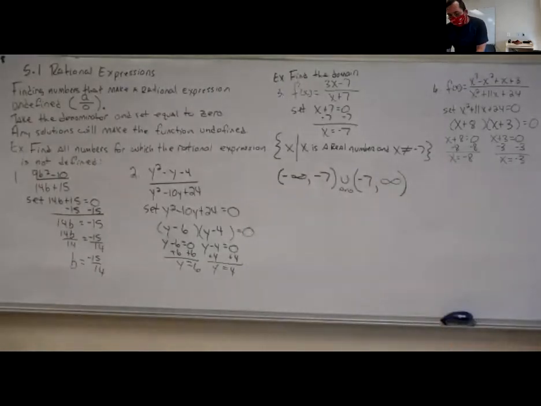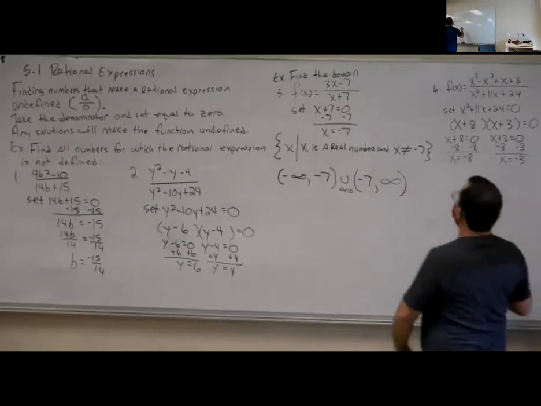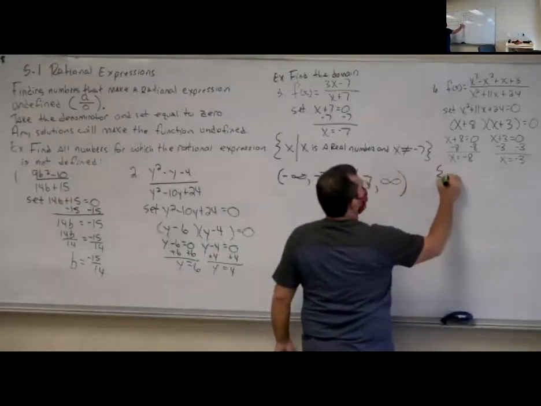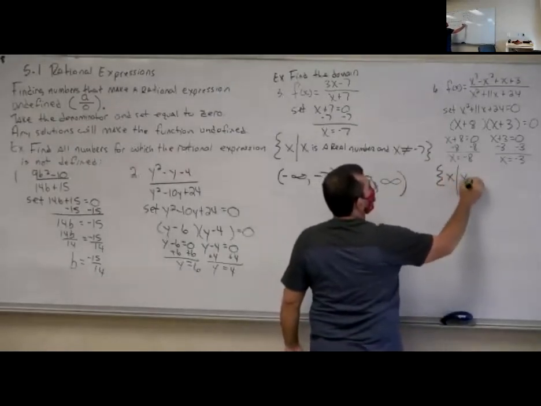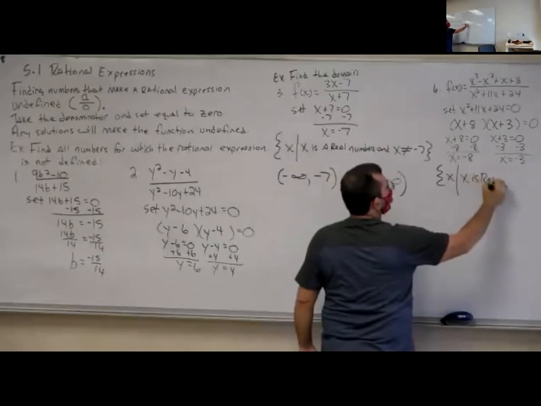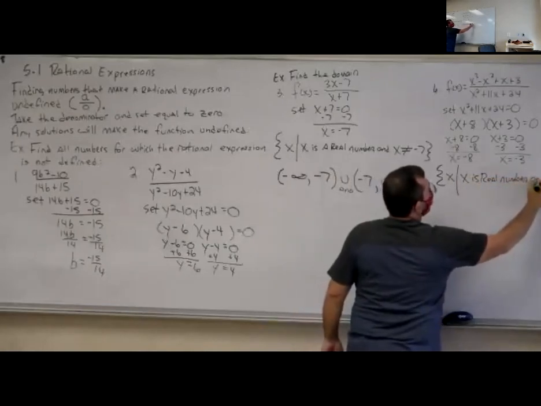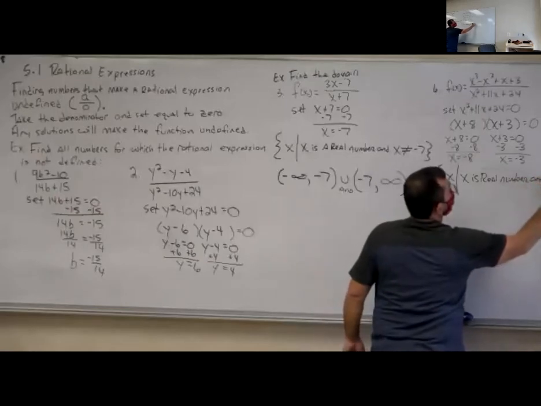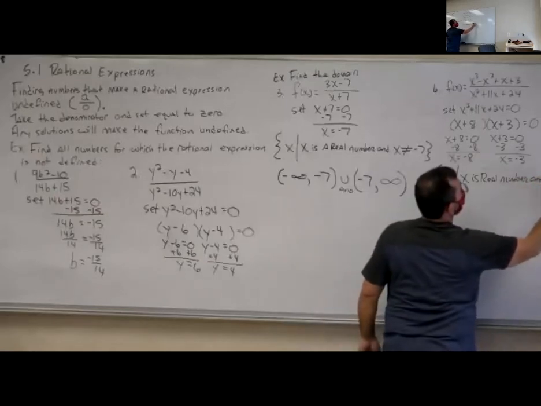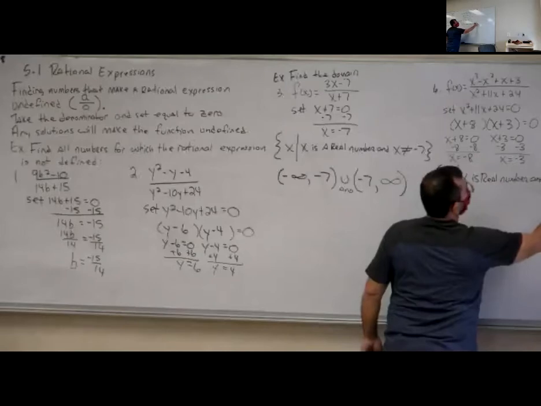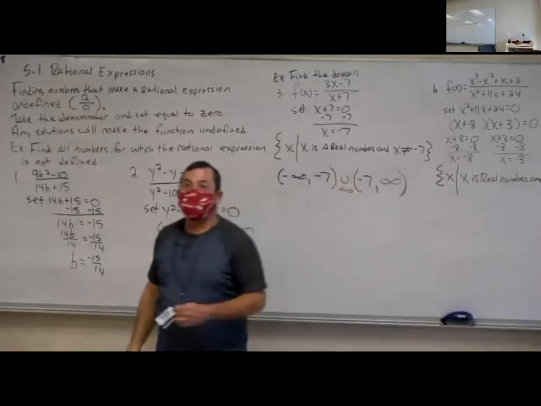I think that does it both ways too. And I guess all I'm going to do is set builder notation. So x such that x is a real number, and x cannot equal negative 8 and negative 3.